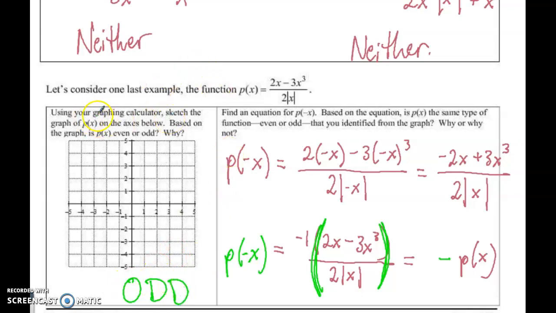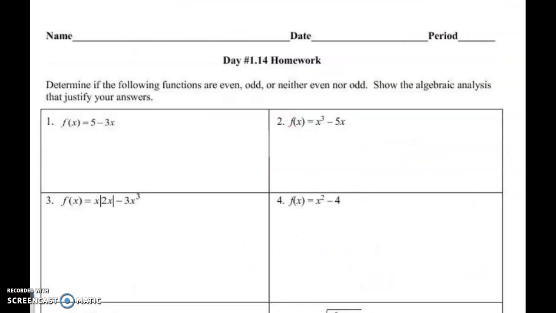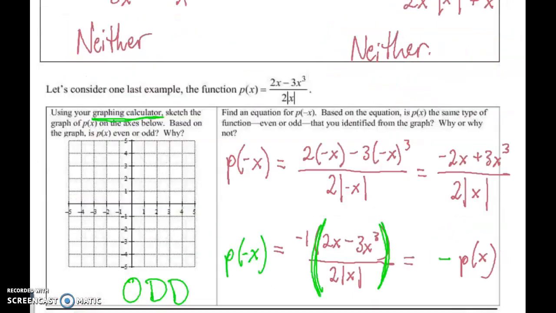And again, I would go to Desmos to show you, but I think you're starting to get this. Plus I'm running low on time, and I think you're ready for the homework. So I'll leave it up to you to verify that this very last problem for p of x is odd. And yeah, go ahead and get busy.